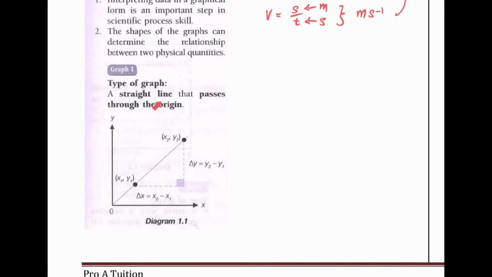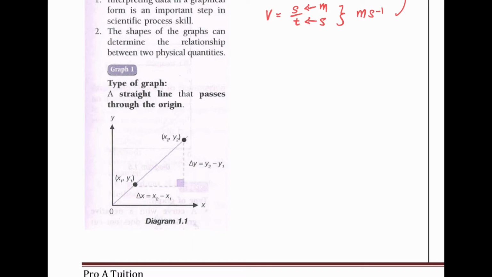Now let's look at what they do here. They do y2 minus y1 to find the vertical distance, then x2 minus x1 to find the horizontal distance. After that they take this divided by this.